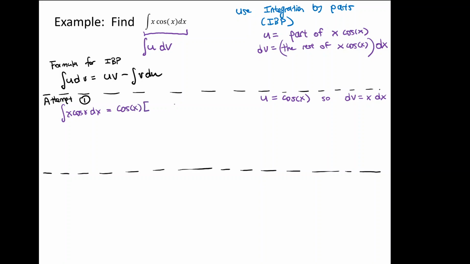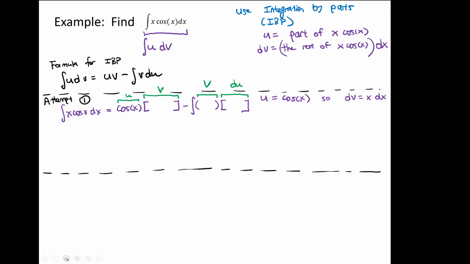I leave a space for v, minus integral of v du. I have to leave a space for those. Okay, so this cosine of x was the u. This box here is for v. This piece here is also going to be v. And this piece here is going to be the du. Those are v's, not check marks.